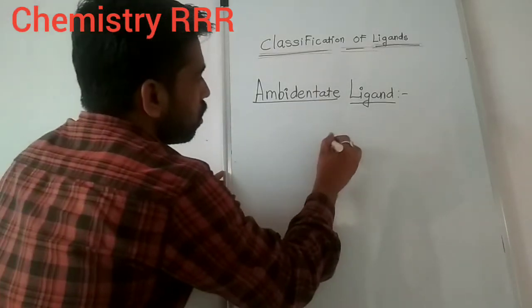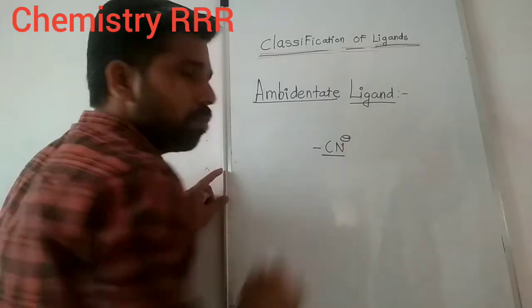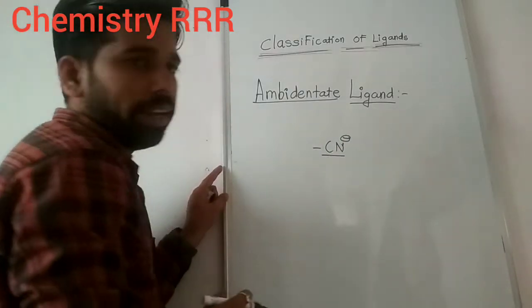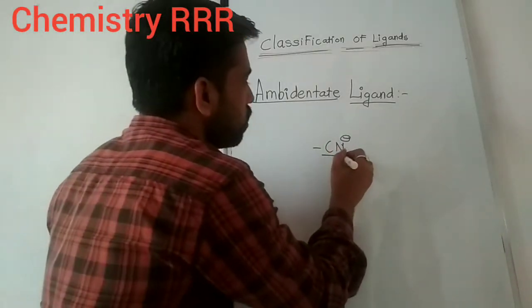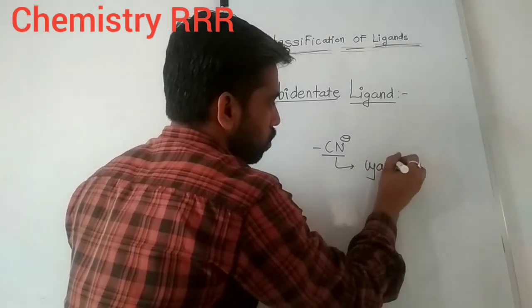You know the example: CN minus. This is cyanide, and the name of the ligand is cyanido.